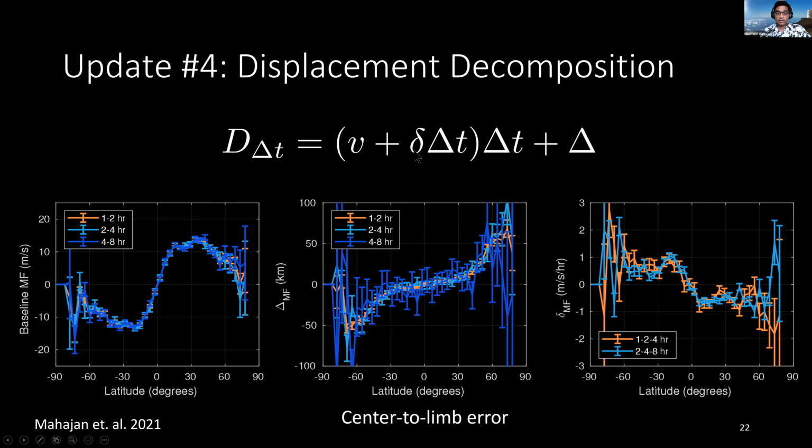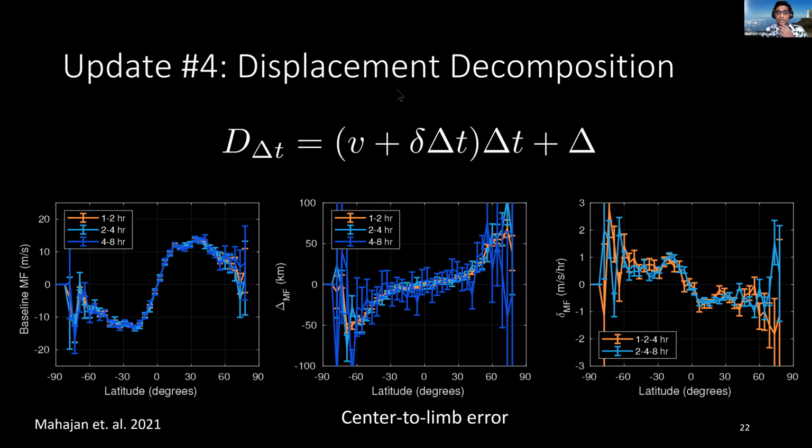So we introduced another quadratic term, which allows the velocity profiles to change a little bit, because we do expect some change in velocity profiles as we track features that live longer at longer time lags. They could be anchored deeper inside the sun and could rotate or move with a different velocity.